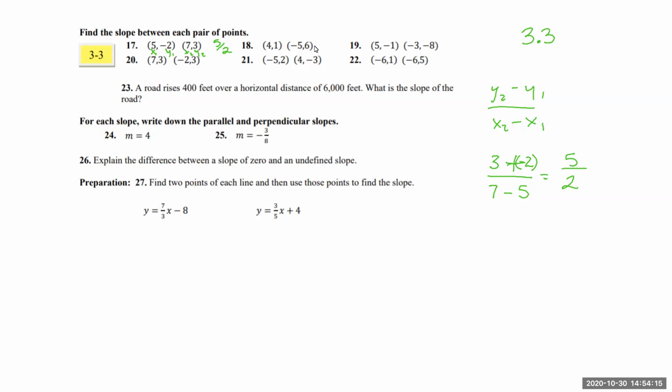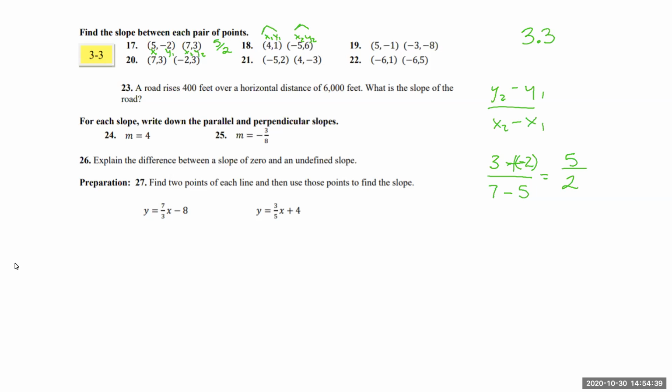Okay, going on to 18 here, we're going to be using the same style. So I'm going to label this x1 and y1. It doesn't matter which points you label, because you're going to get the same answer either way. Make sure that each one is either 1 or 2. That makes sense.